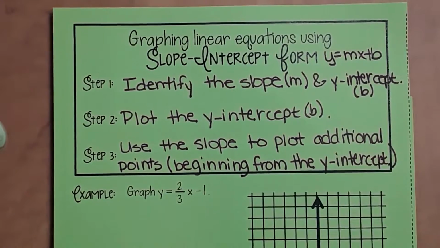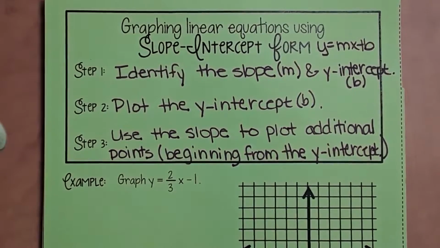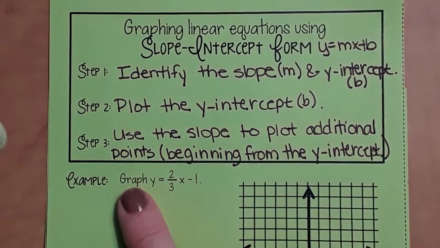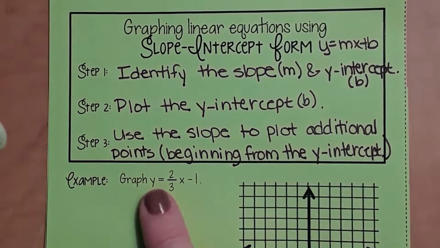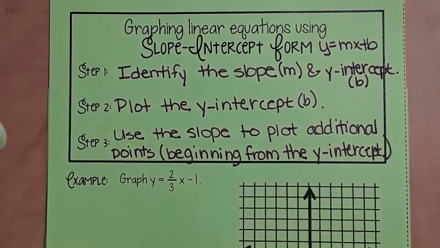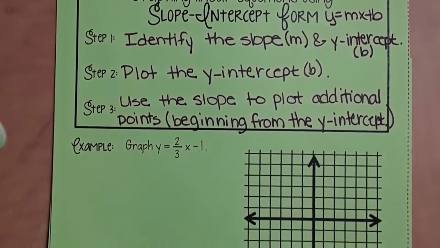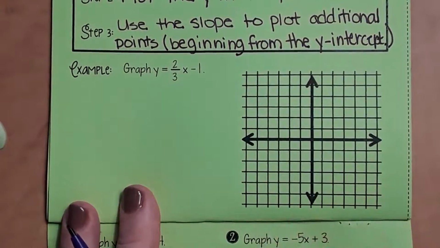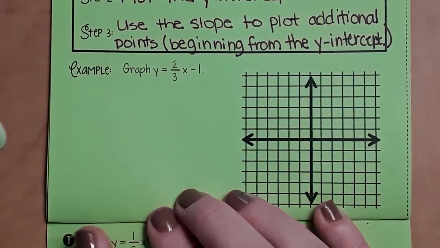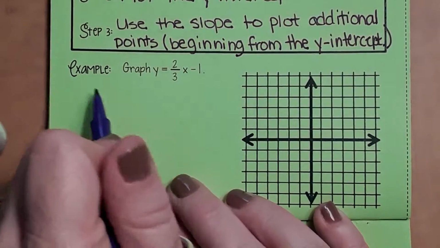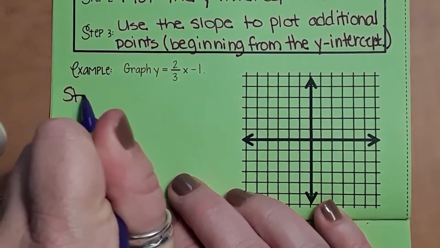Okay, so let's look at example 1, and we're going to use this linear equation, y equals 2/3 x minus 1, to graph on our graph here using the steps. So step 1, it says to identify the slope and the y-intercept.